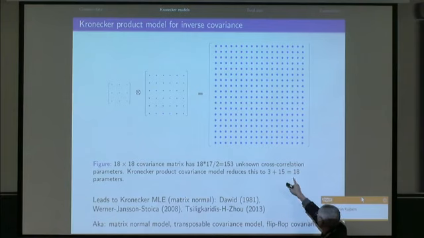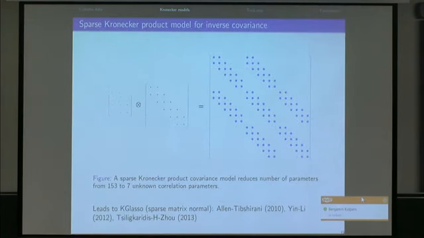Only 3 plus 15 unknowns for the block Kronecker matrix. So we've gone from 153 unknown parameters to 18, which is a significant order of magnitude improvement in terms of the number of required samples that one would need in order to estimate this model accurately, assuming, of course, that this model is sufficient to describe the underlying data model.